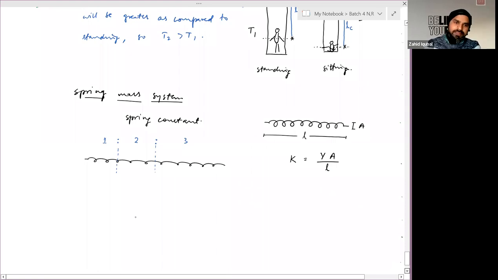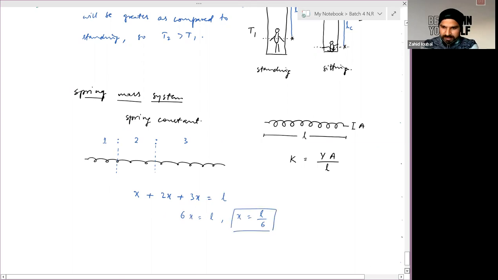Since it is given in terms of ratio, we can take the first segment as x, so the second segment will be 2x and the third segment will be 3x. The sum of these three segments equals the actual length of the spring, that is L. So x plus 2x plus 3x, 6x, equals L. So x will be equal to L by 6.